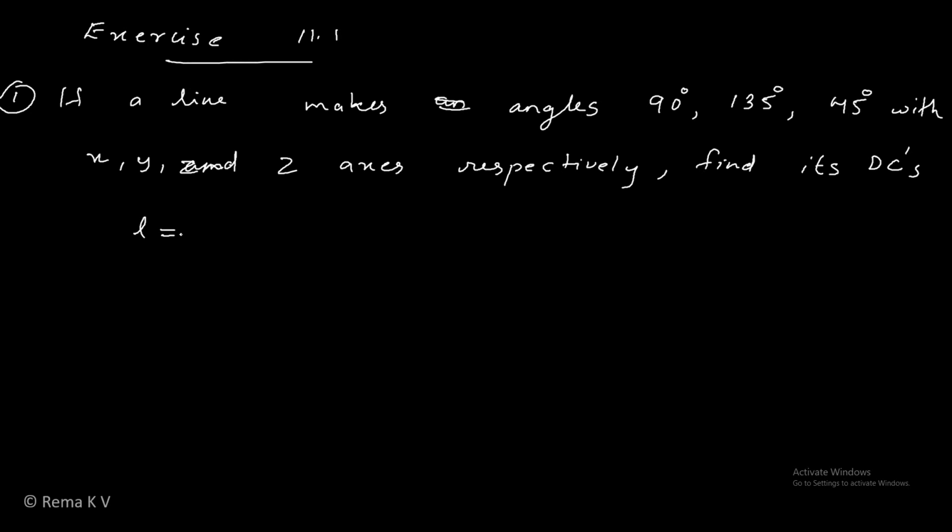So the direction cosines: L is equal to cos 90, M is equal to cos 135 and N is equal to cos 45. Write the values. What about cos 90? What's the value of cos 90? It is 0. Okay, then cos 135.